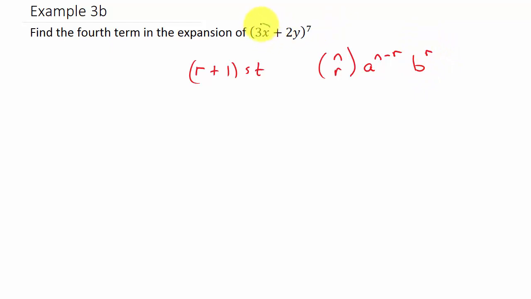And remember, this is a, here's b, n is 7, and we're looking for the fourth term. So 4 is the r plus 1. That means to get 4, r would need to be 3. And then we just plug everything in.